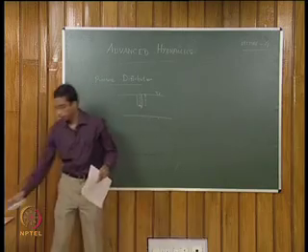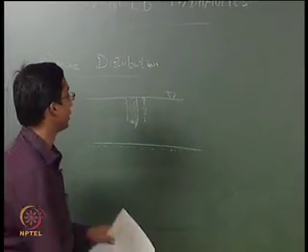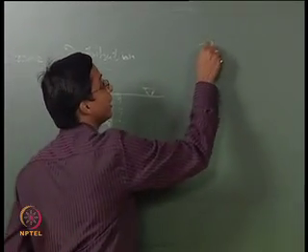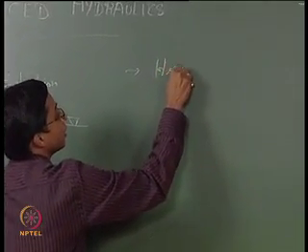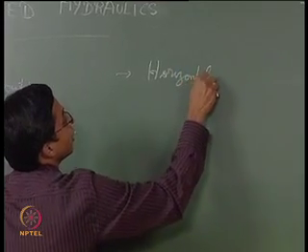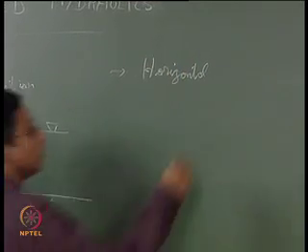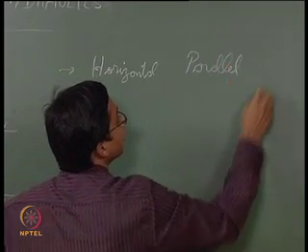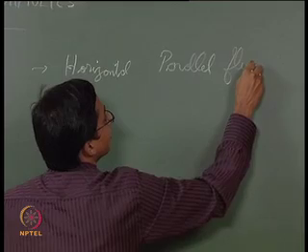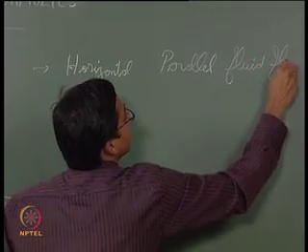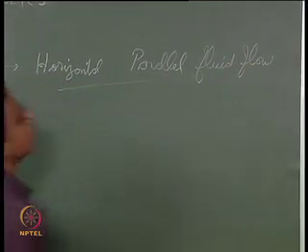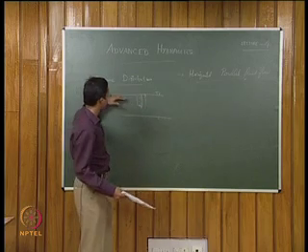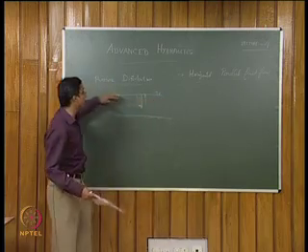In a similar analogy, you can easily suggest now, say instead of static fluid, if there is a horizontal parallel fluid flow, the term parallel fluid flow we want to mean here is that the streamlines are parallel in this location.